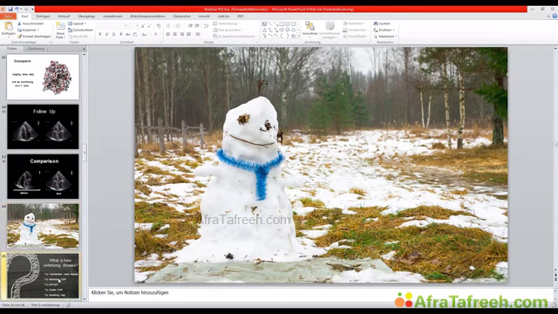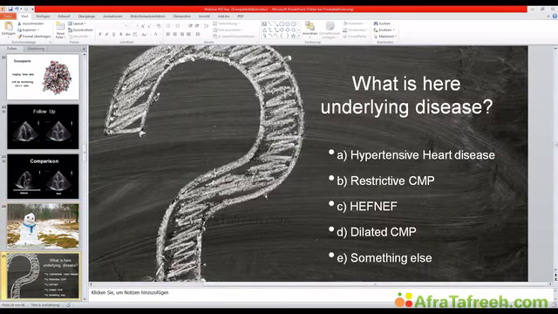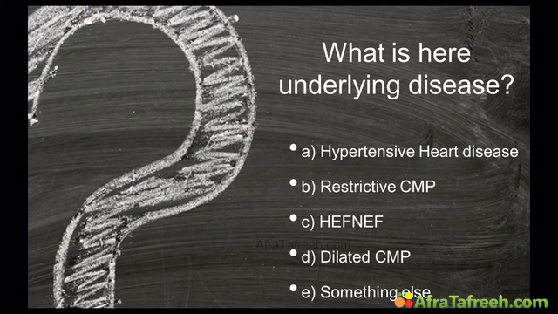Okay, but the question I would like to ask you is, what is her underlying disease actually? You saw the images. You saw left ventricular function, the dimensions of the heart, and my question now is, do you think it is hypertensive heart disease?